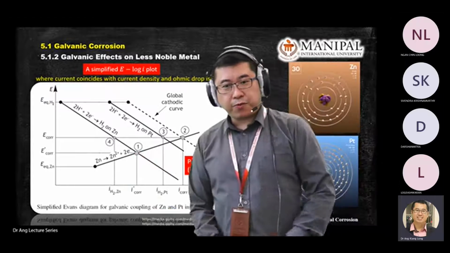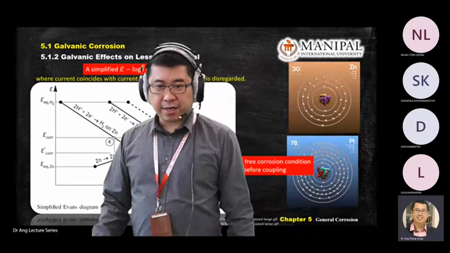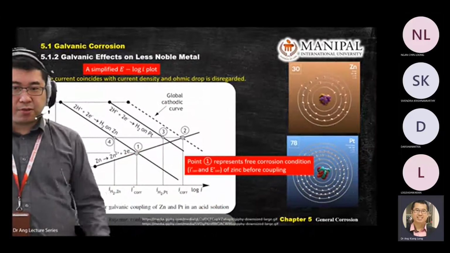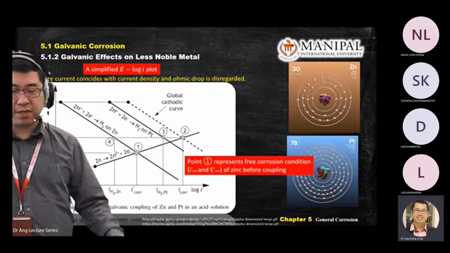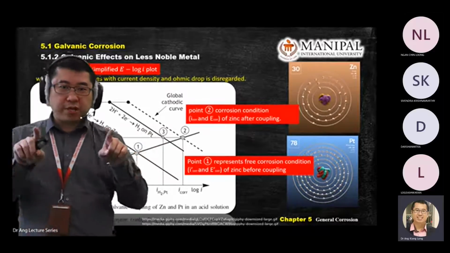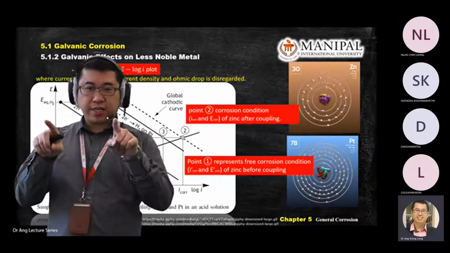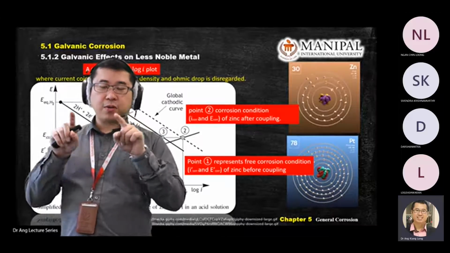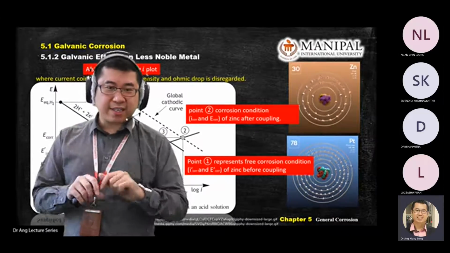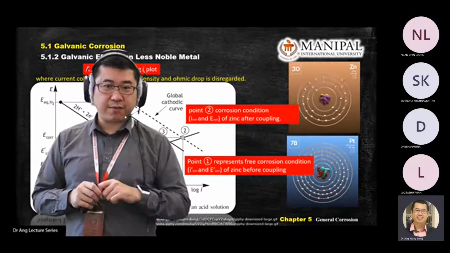After you find point number one, the next step is to find number two. Number two is when you join the two metals together, or we say electrically connected. This is a definition for galvanic corrosion.